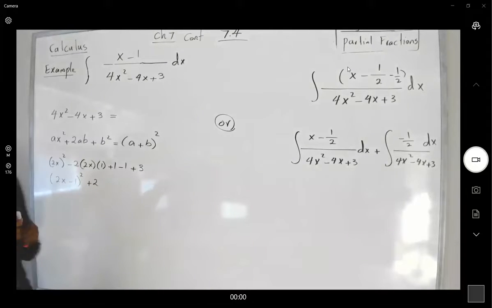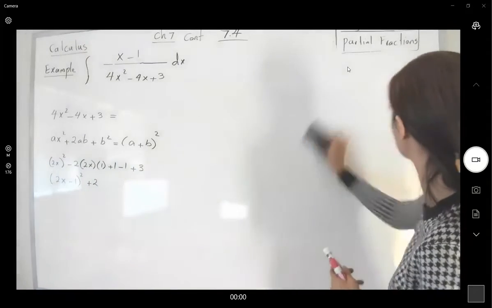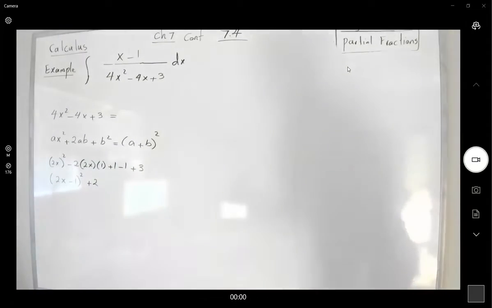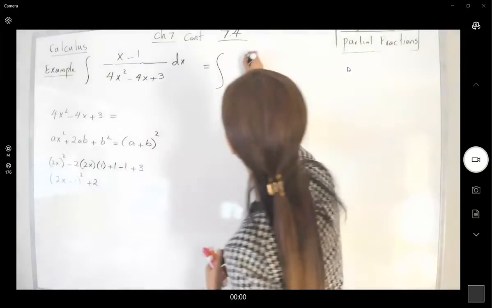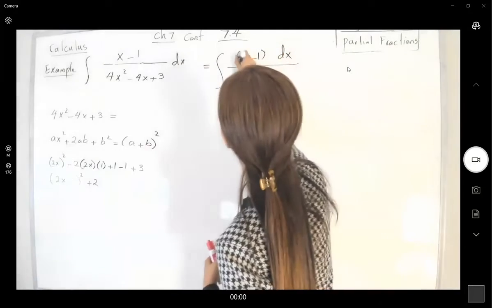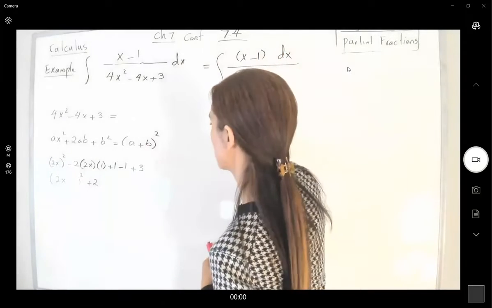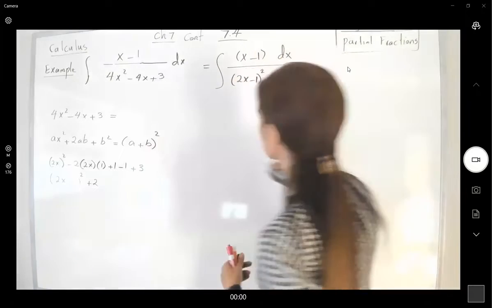So this integral can be written as the integral of the numerator divided by our denominator, 2x minus 1 squared plus 2.